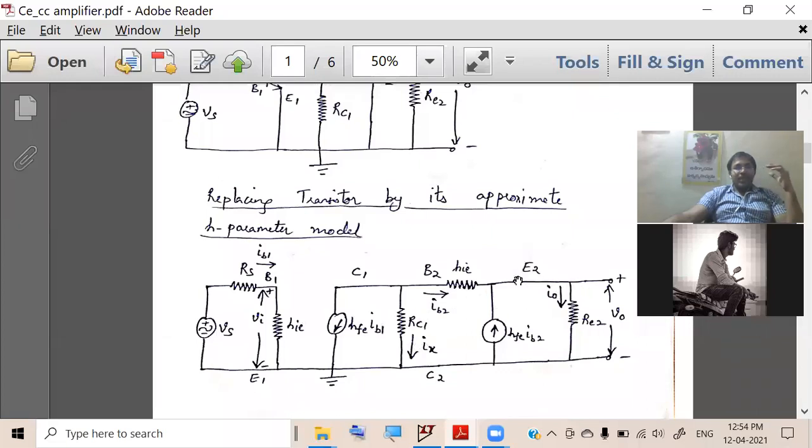But I should take the current direction from this to this, likewise from this to this. So this voltage drop will be equal to this voltage drop plus this voltage drop, a modified way of stating the KVL.